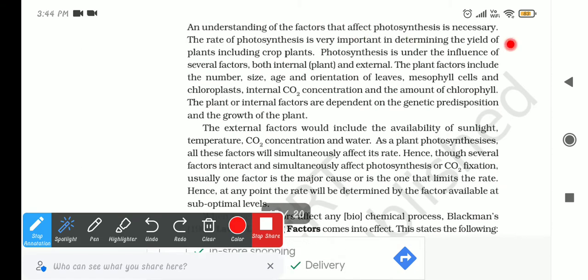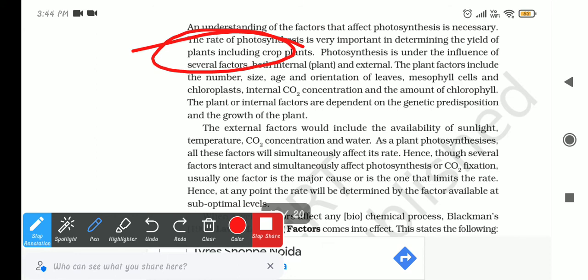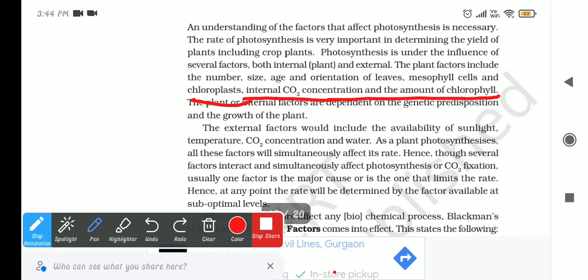So photosynthesis is necessary, and the rate of photosynthesis varies, depending on the situation, and it determines the productivity of plants, including crop plants. Photosynthesis is under the influence of several factors, whether external or internal. The internal factors include number, size, age, orientation of leaves, mesophyll cells, chloroplast, internal CO2 concentration, amount of chlorophyll, etc.